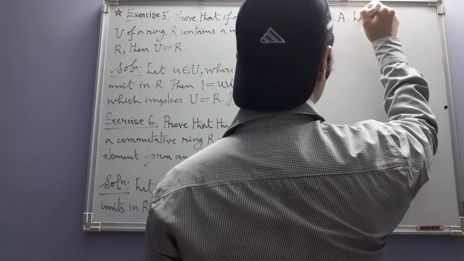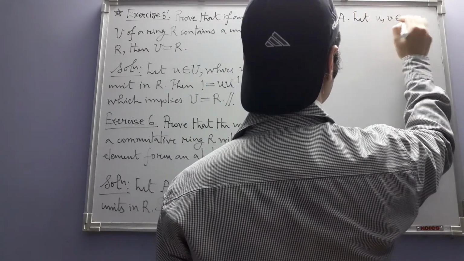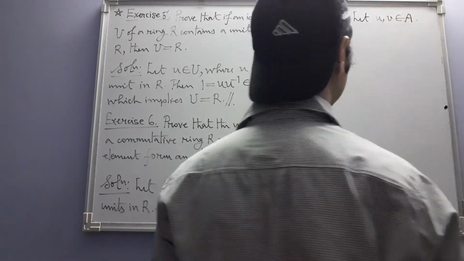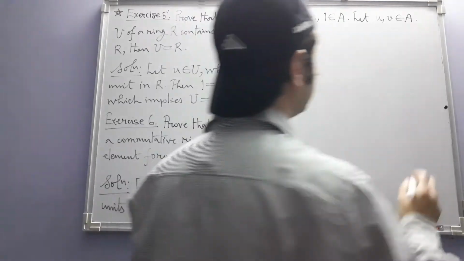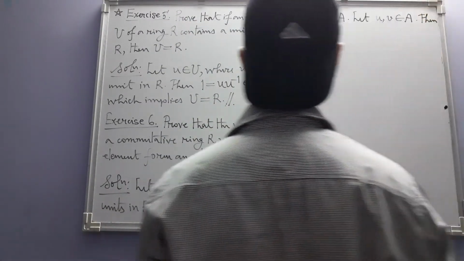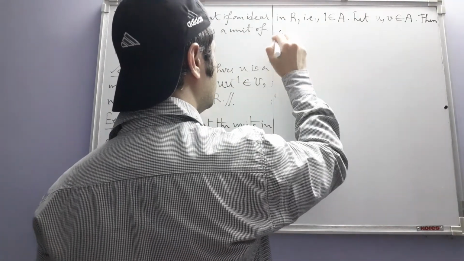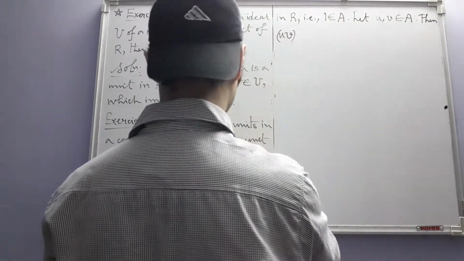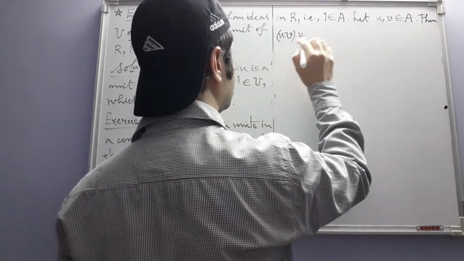Now let u and v be two elements in A, that means u and v are two units in R. Then uv, we are in a commutative ring.